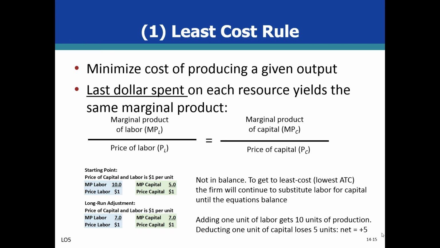So you can see here, again, you have to understand the concept that there's diminishing returns in the marginal product. The less you have, the more you subtract, the marginal product goes up. The more you add, the marginal product goes down. The firm will continue to adjust the mix until the equations balance at an MP for both of 7. Then they know that they're operating at the lowest cost mix.